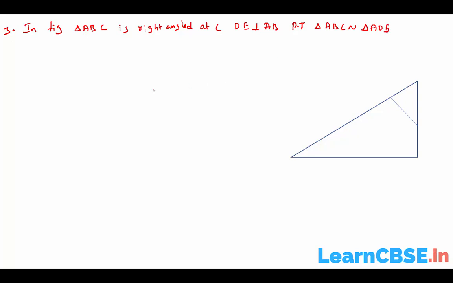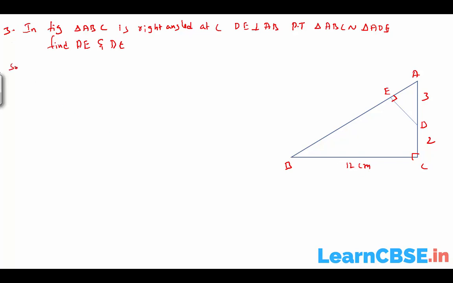Also find AE and DE. Let me draw the triangle first. A, B, C, right angle here, and he has given DE perpendicular to AB, that means this is also 90, and this is 3 centimeters, 2 centimeters, 12 centimeters.